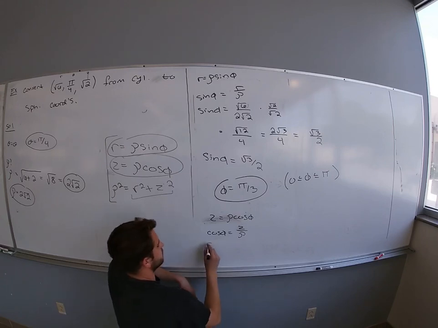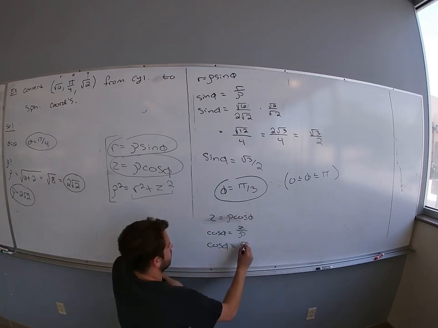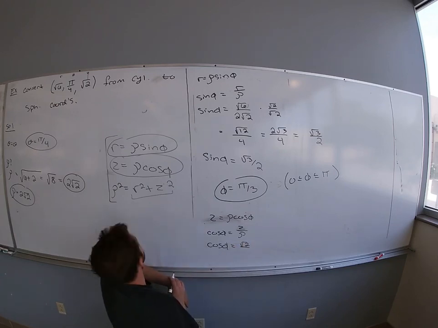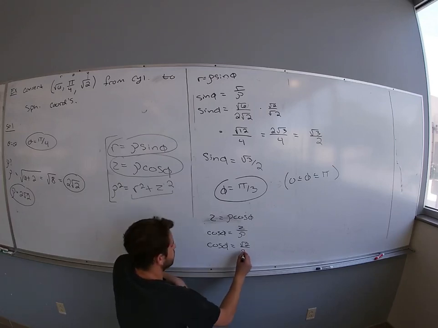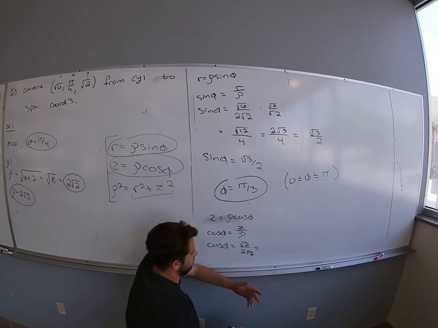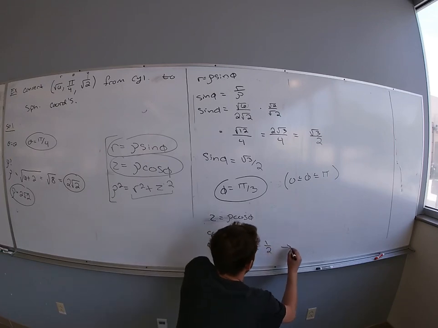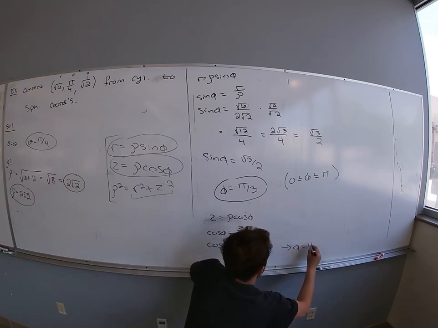So cosine of phi equals, what is z? Square root of 2 divided by rho, which is 2 root 2. These guys cancel to give me 1/2, so phi is pi over 3.